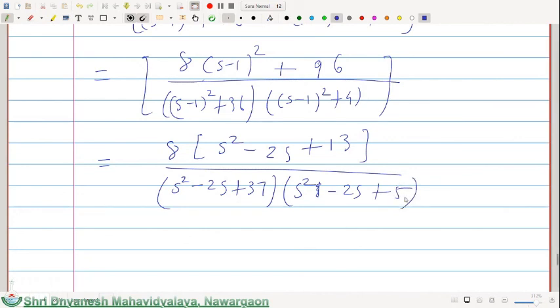Okay, so this is your final transformation of the given function.